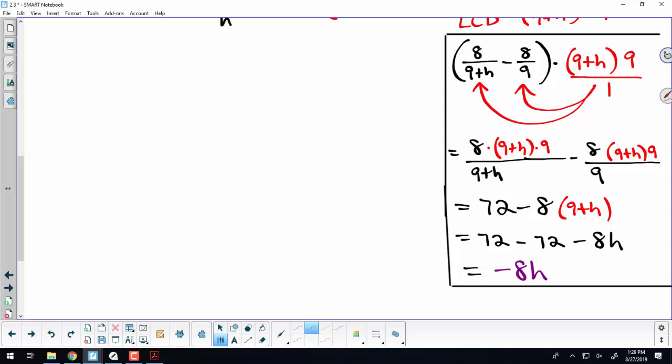So that 9 plus h times negative 8 gives you negative 72 and negative 8h. And then you get negative 72 when you multiply 8 times negative 9, and you're just left with negative 8h. But wouldn't it be positive 8 times positive 9 to give you that positive 72? You wouldn't have negative 72 and negative 72, right? The negative 72 came from this negative 8.